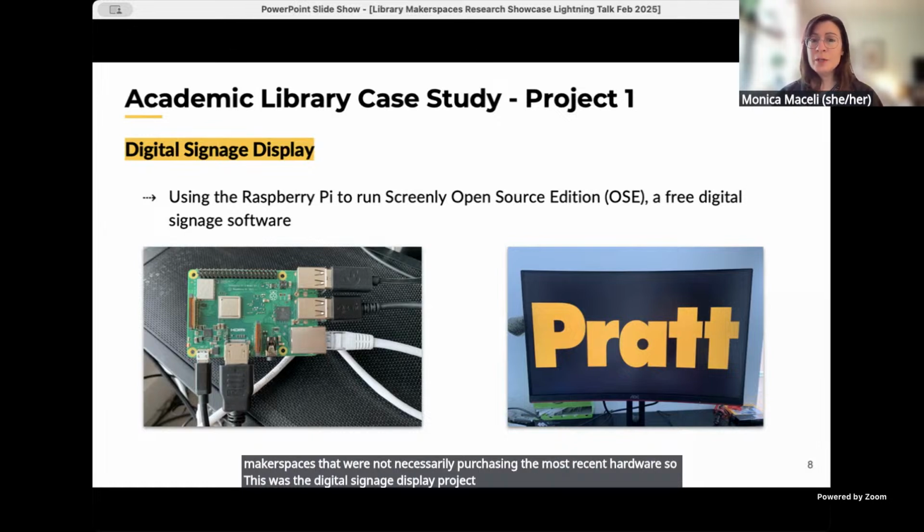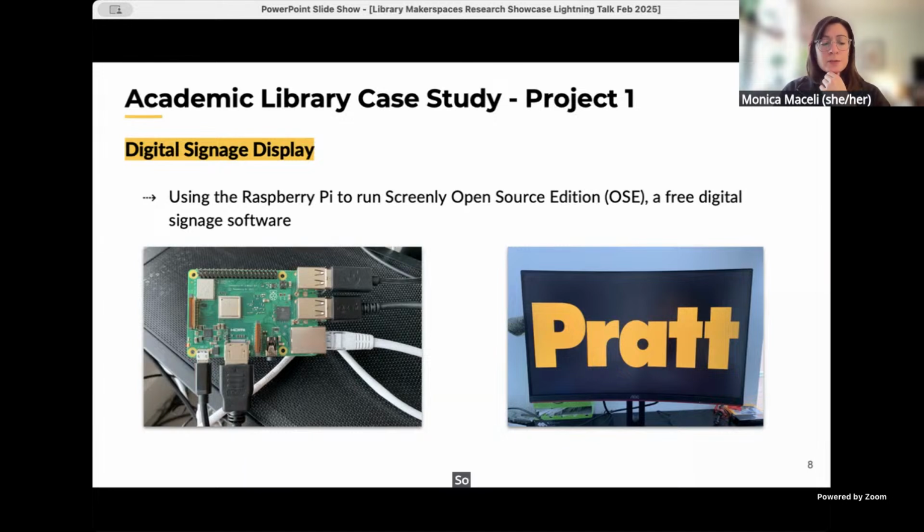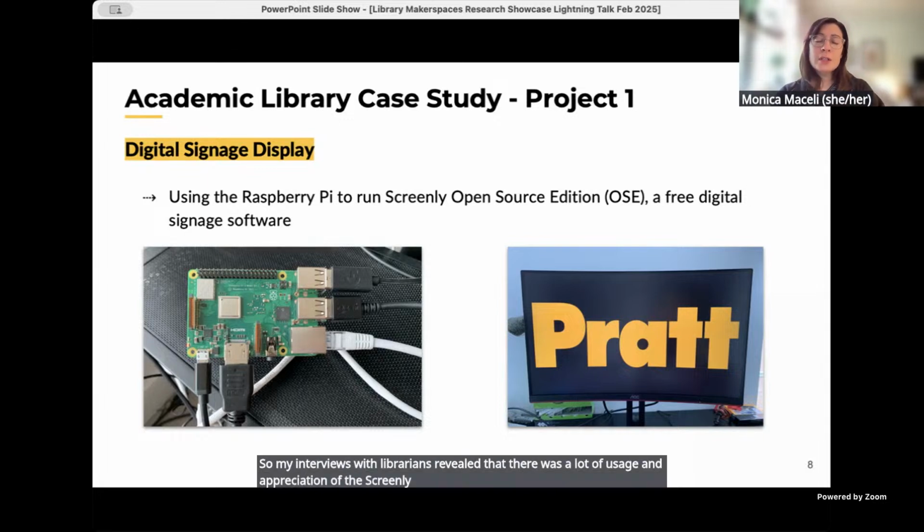As I'm sure you're familiar, digital signs rotate different information, opening hours, other information of interest in typically public spaces of the libraries. So my interviews with librarians revealed that there was a lot of usage and appreciation of the Screenly open source software, which is able to run on Raspberry Pi. So this was what the participants used.